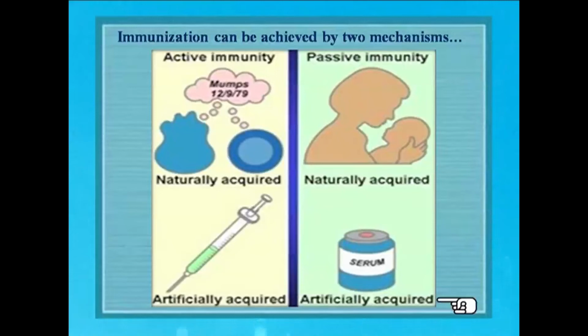The best example of naturally acquired passive immunity is the transfer of immunoglobulins from mother to the fetus through the placenta, and from mother to the baby through breast milk. An example of artificially acquired passive immunity is when a patient is in an emergency after a snake bite or tetanus intoxication, and preformed antibodies are given to him.